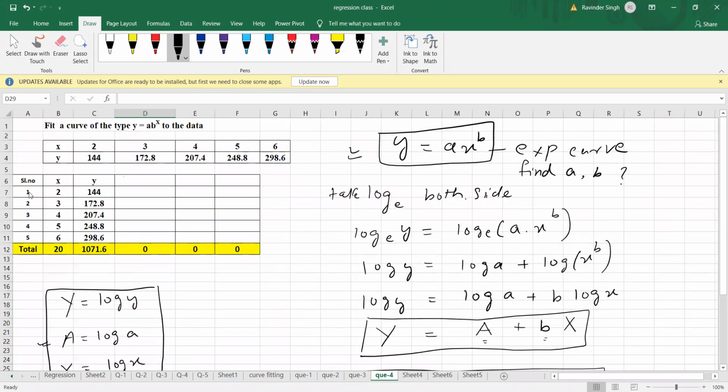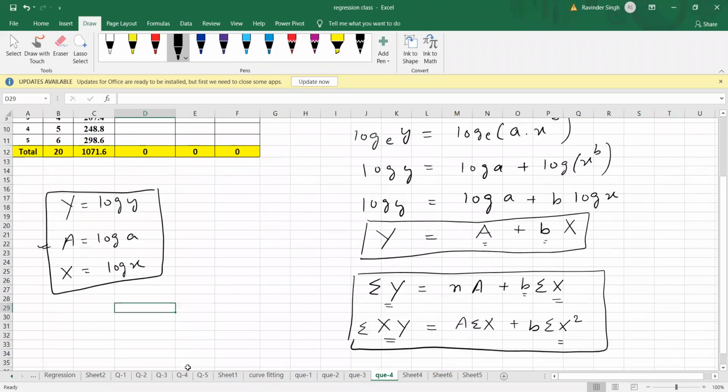I need to find capital Y, which is nothing but your log y. You have to find capital X, which is nothing but your log small x, that is the substitution we have taken.